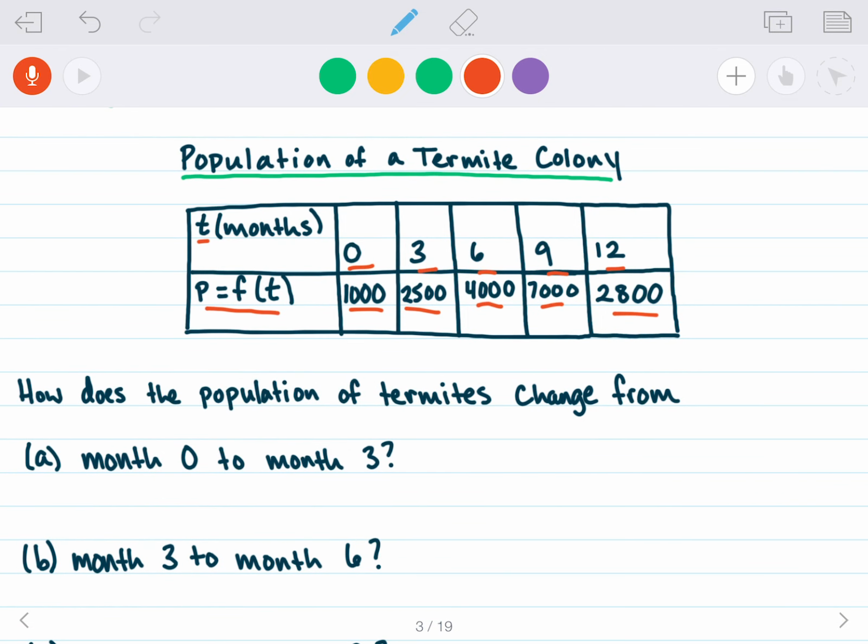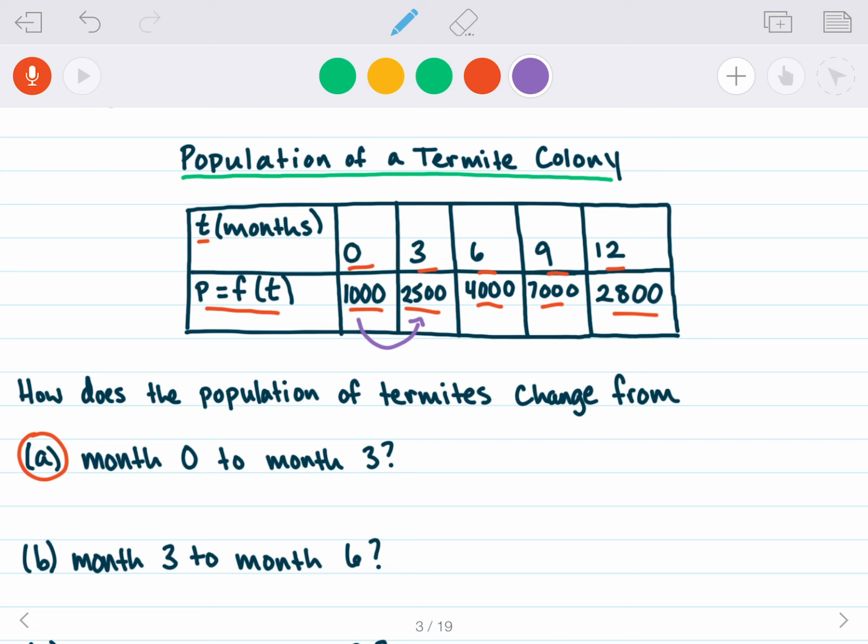And so we're going to answer some questions to analyze this table a little bit more. We're concerned with how the population of termites changes. So part A says, how does the population change from month 0 to month 3? Well, we just see what happens with the population here. We're going from 1,000 to 2,500.